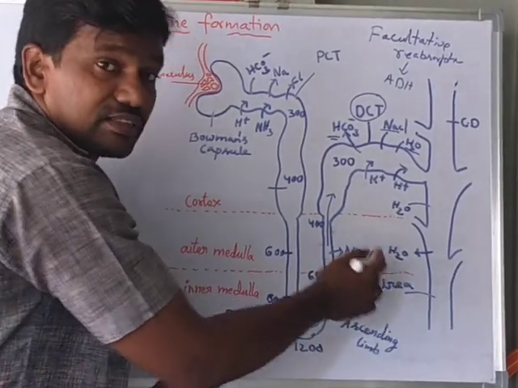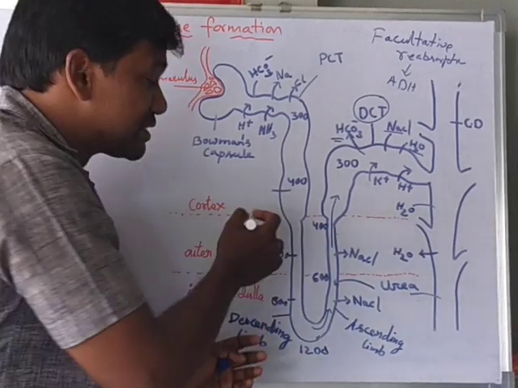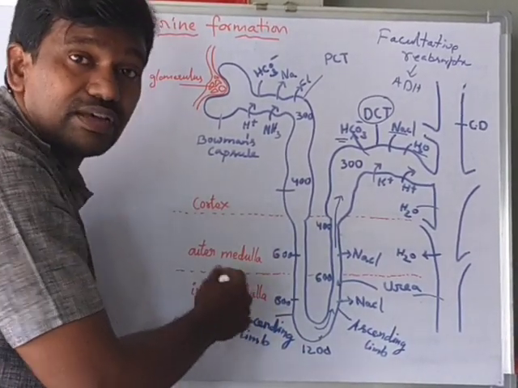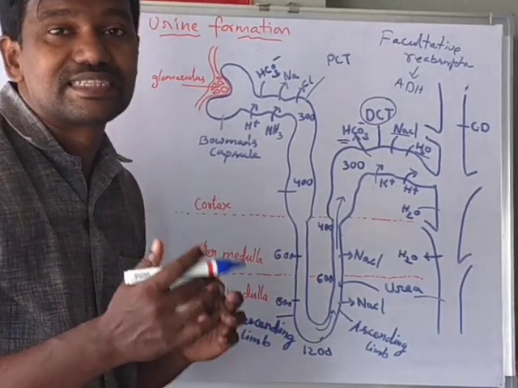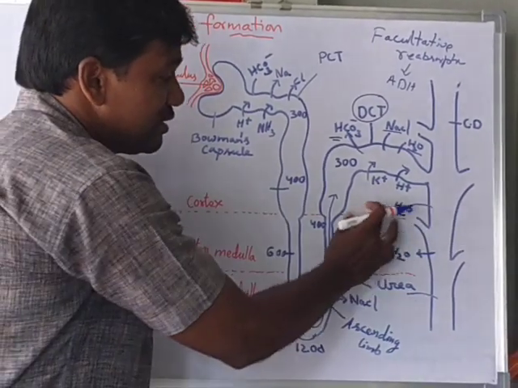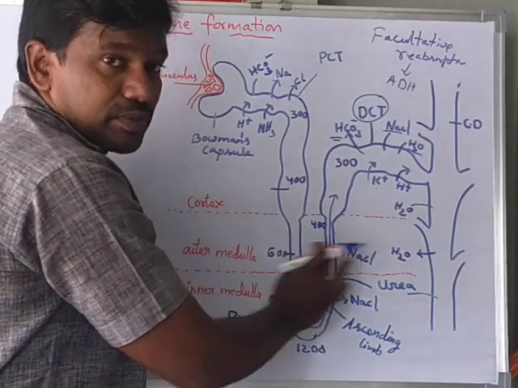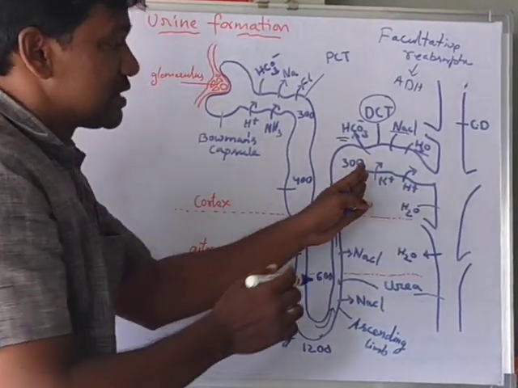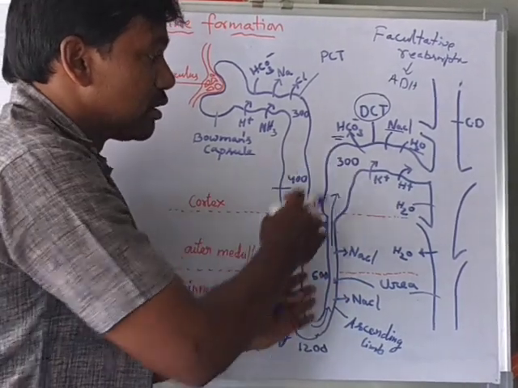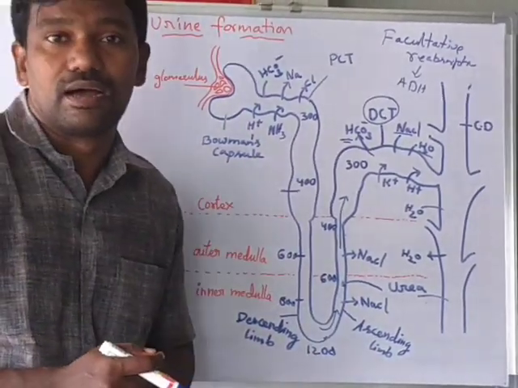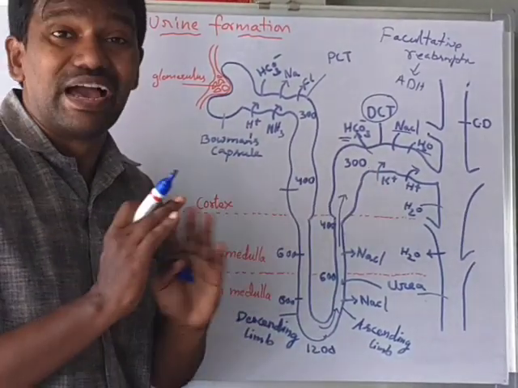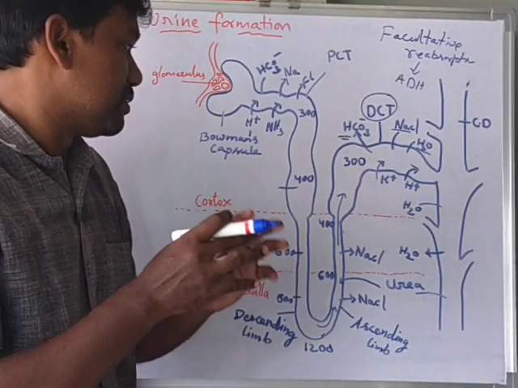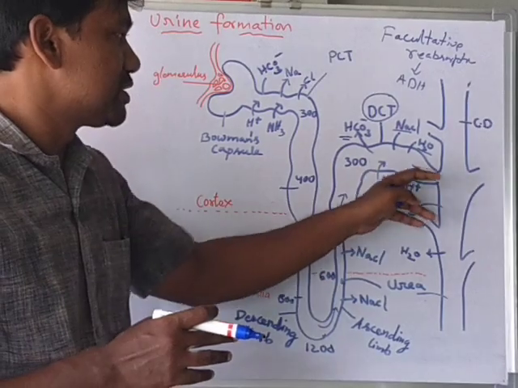Interstitial fluid means the fluid present inside the cortex and medullary region of the kidney. Like that, after tubular secretion, it maintains the pH and potassium sodium balance.